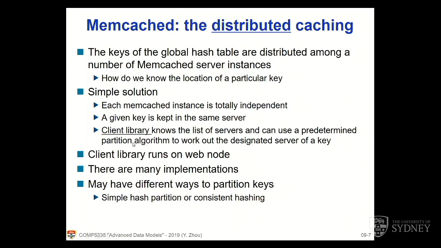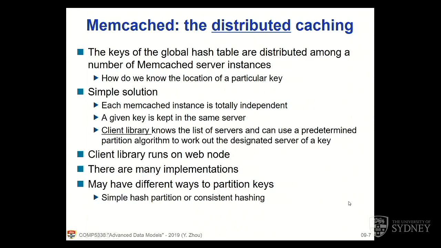And there's a client library. Of course, we need something with global knowledge, because each instance doesn't know the other ones, but there is another thing that does. That's the client library. It knows the list of servers, whether 5, 10, or whatever, and uses a predetermined partitioning algorithm to work out the designated server of a key. The algorithm can be complicated or simple.